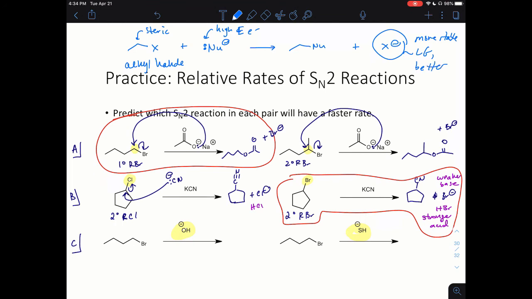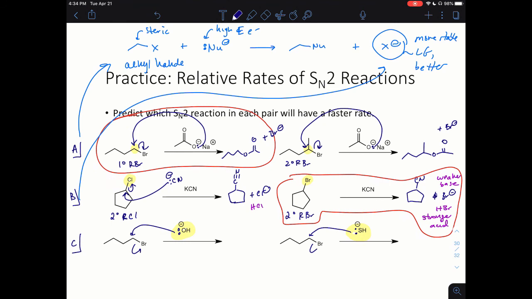So we looked at the alkyl halide. That was example A. B was the leaving group. And now example C has to do with the nucleophile. So we want to think about what is a higher energy electron pair? Oxygen on hydroxide? Or is it the electrons in sulfur?